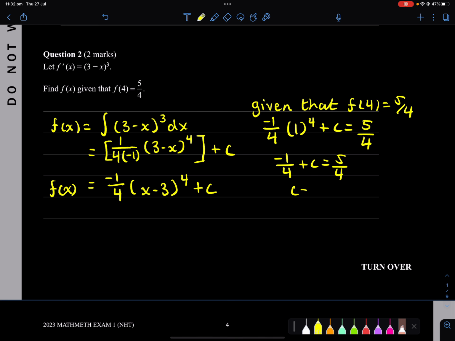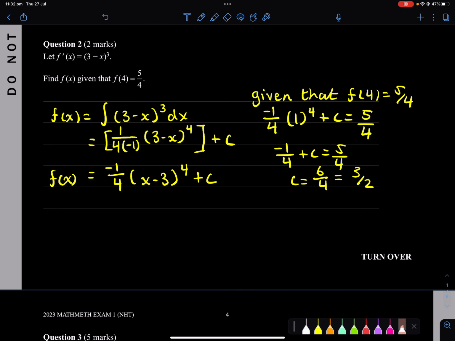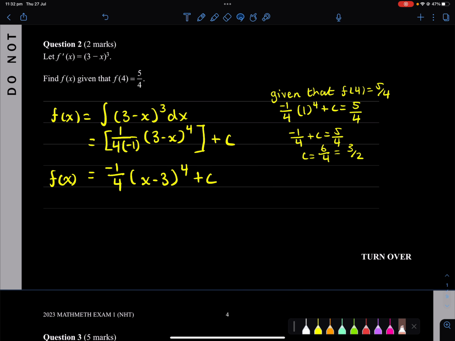And so your c value is 6 over 4, which is equal to 3 over 2. So your final answer, I'll write it down here. f of x equals negative 1 over 4, (x minus 3) to the power 4, plus 3 over 2.